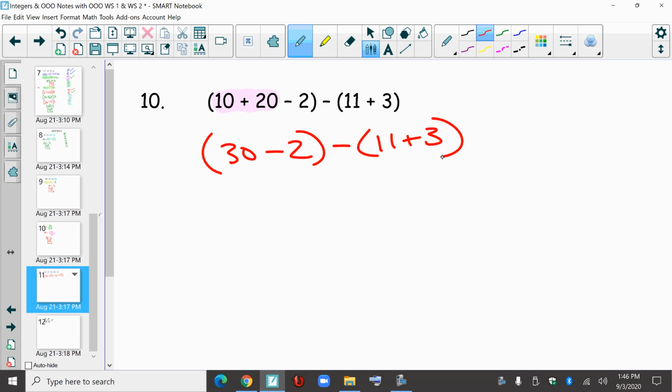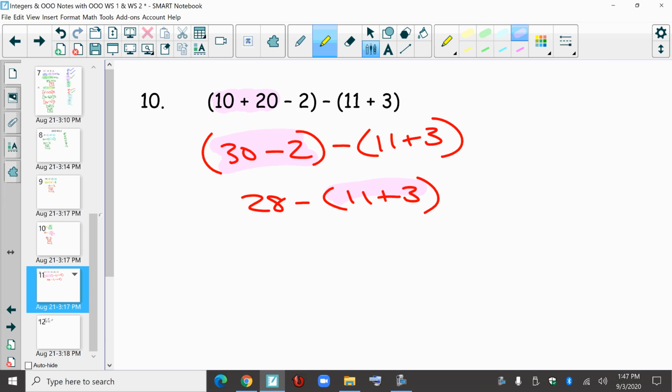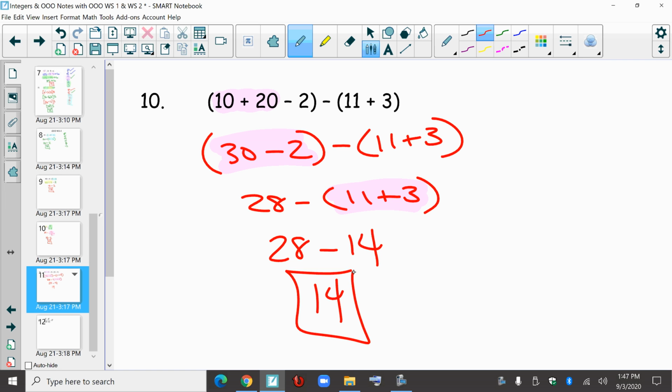Then I'm going to do this first parenthesis, which is going to be 30 minus 2, which is 28, and recopy the problem. Now, you're going to continue on with this problem. You're going to do the next parenthesis, and this is going to be 28 minus 11 plus 3 is going to be 14. And then the last thing, you're going to take 28 minus 14, and that is going to give you 14 as well.